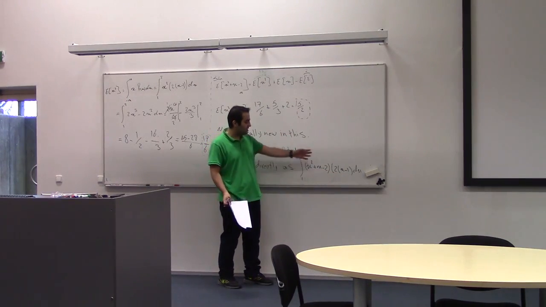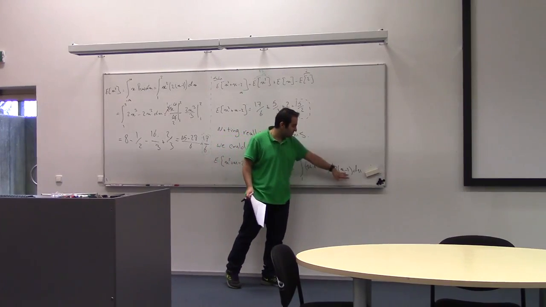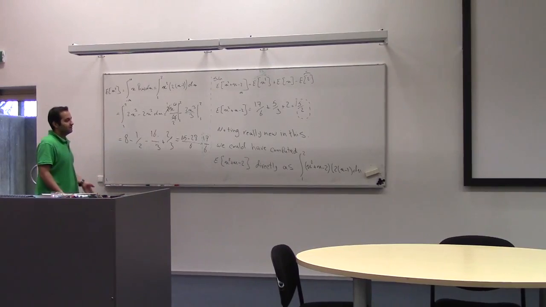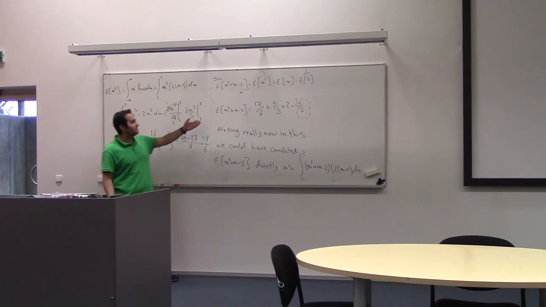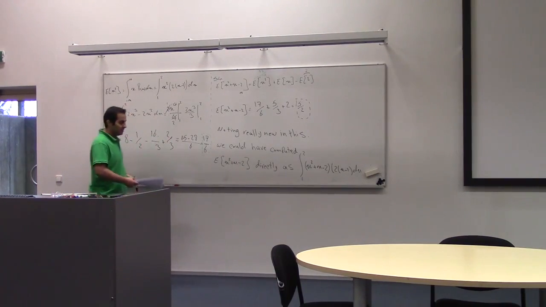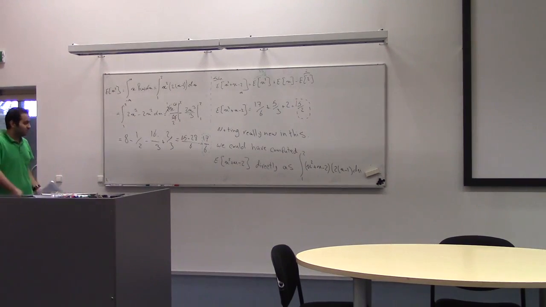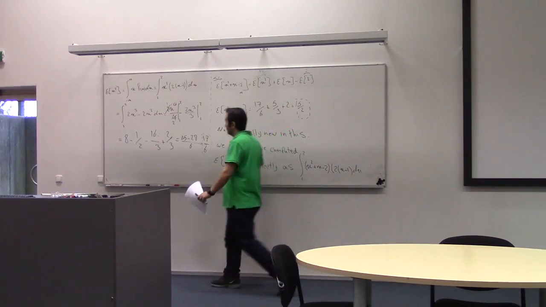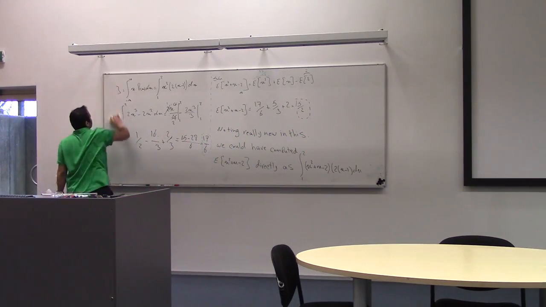I know that's just some multiplication by this and finding the integral, but we simply find this by using this equation. The second example.